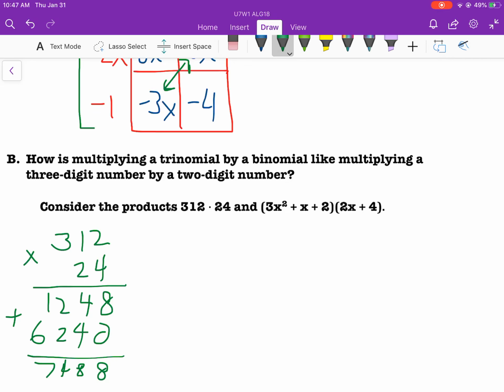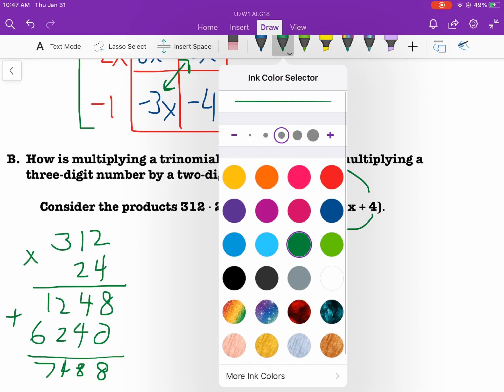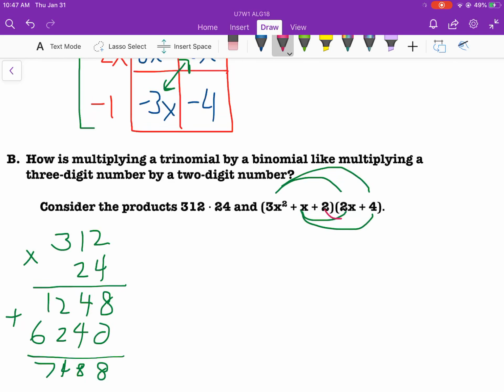So now you could do the same thing with a horizontal method, but what I generally do is just apply every term like this, and then a different color here to be clear.